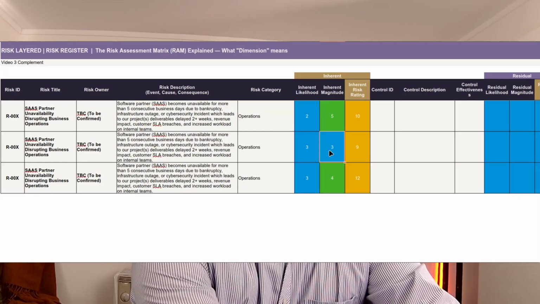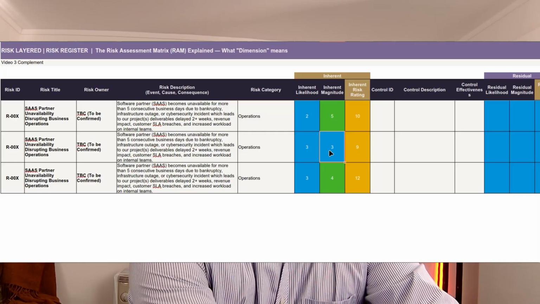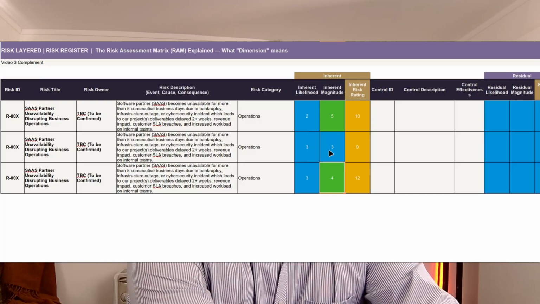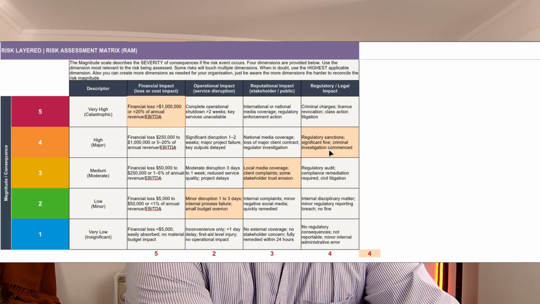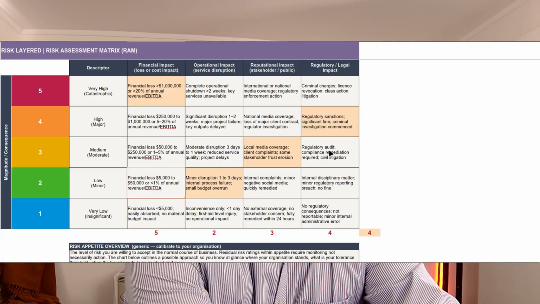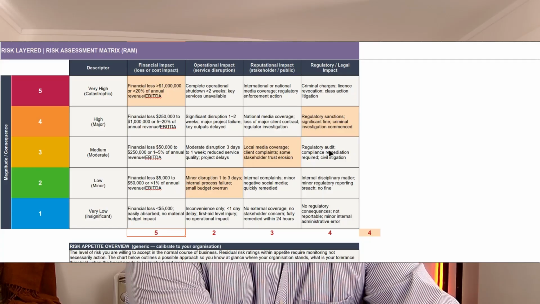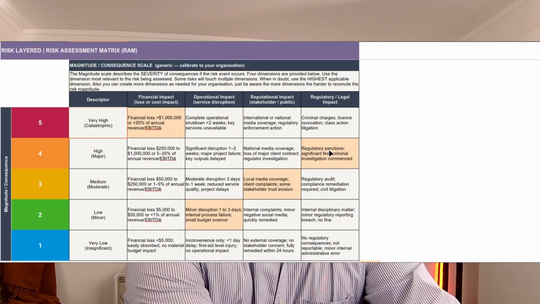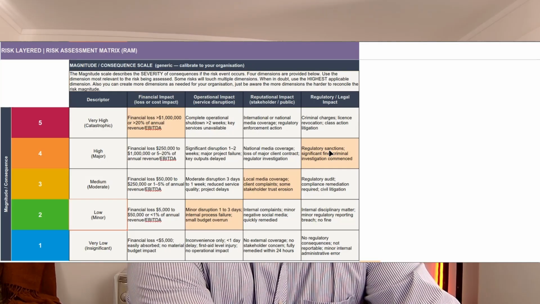But let's say for the next example, we got the fully developed matrix with a couple of dimensions. For this particular example, the financial consequence could be catastrophic, the operational consequence could be minor, the reputational impact could be medium, and the regulatory impact could be major.